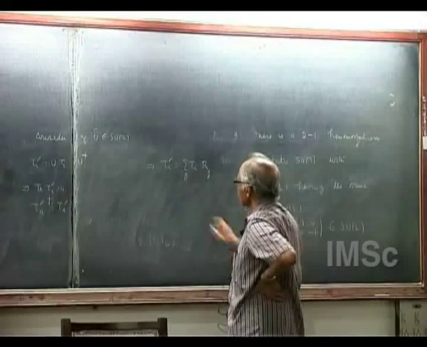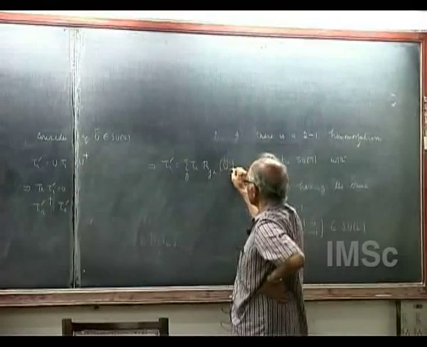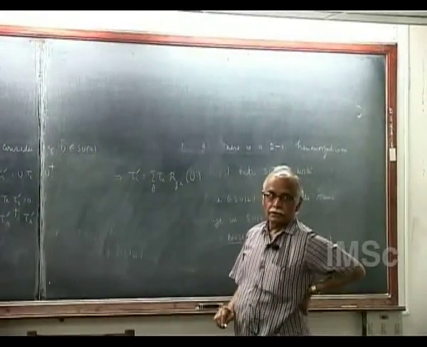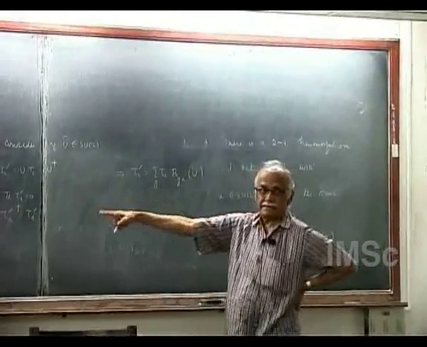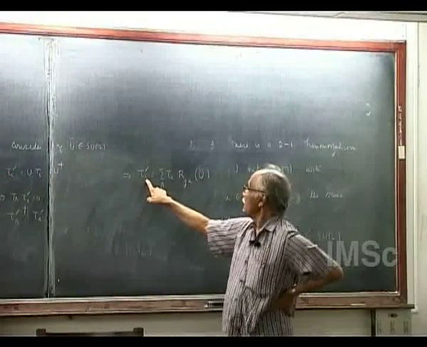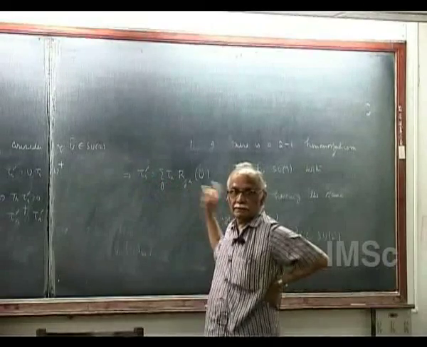But these coefficients certainly will depend on i and it will also depend on u. This is simply the result where the dependence of this vector on i and u has been exhibited.